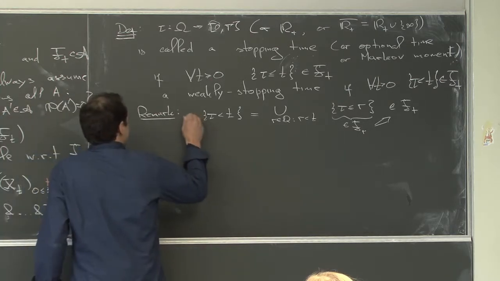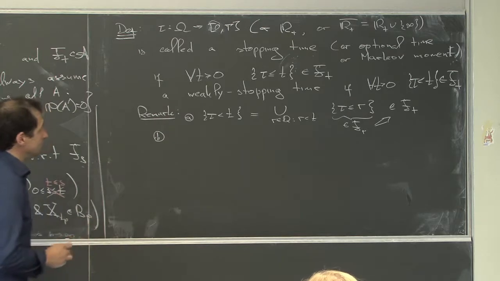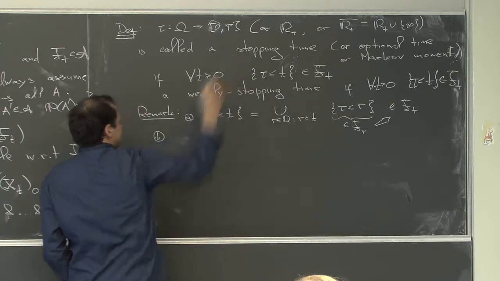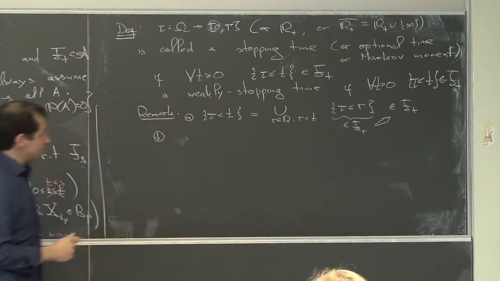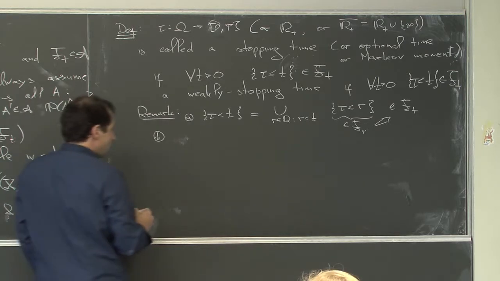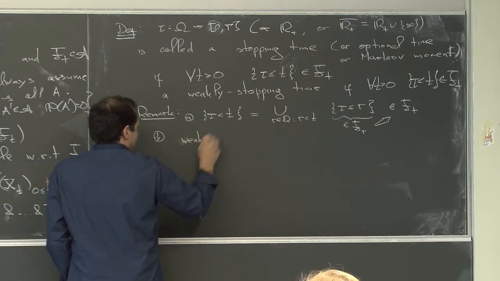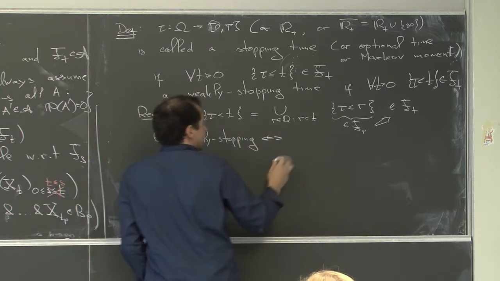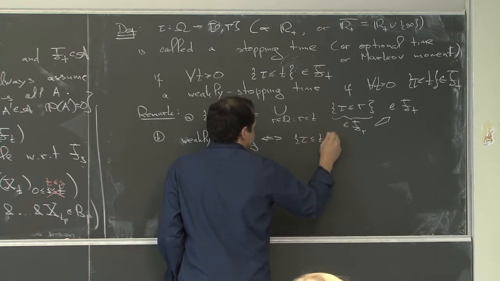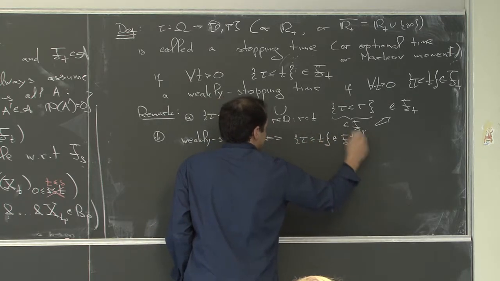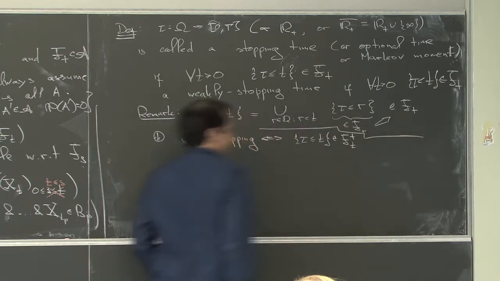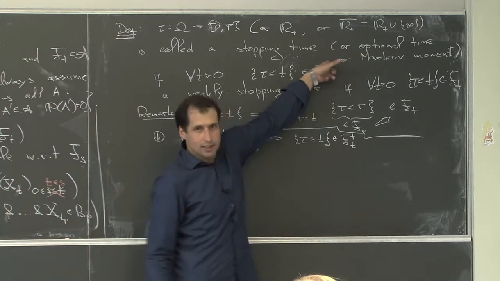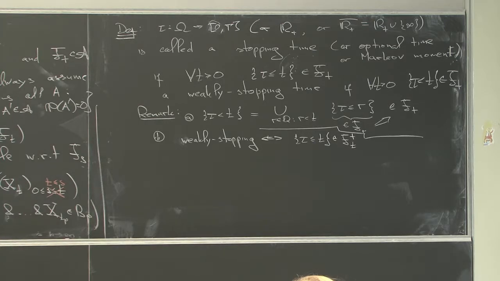So stopping implies weakly stopping. And the second remark is that weakly stopping is equivalent to saying that this event is in FT plus. So the difference is that we just basically put plus here. Why?